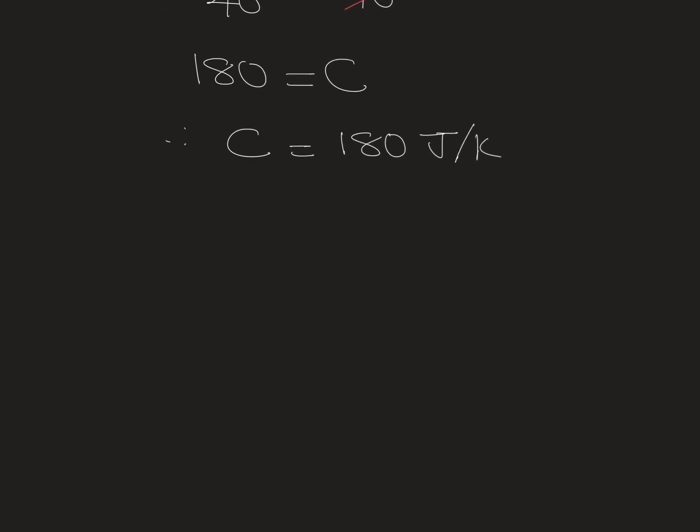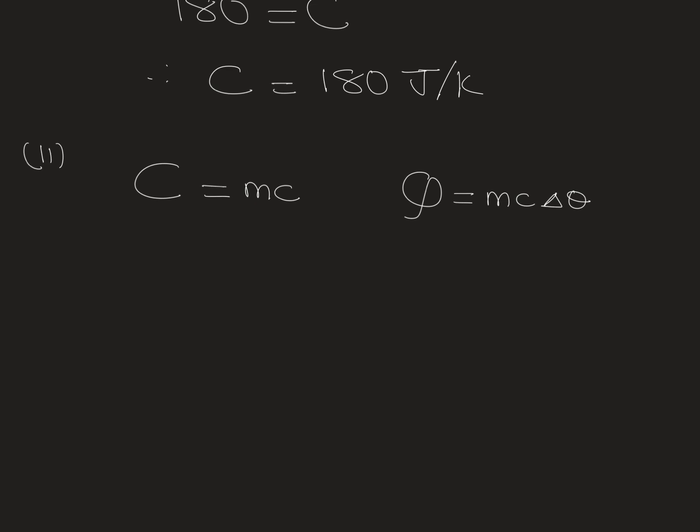So to find the specific heat capacity, we can use the formula C is equal to mc, or we can use Q is equal to mc delta theta. All right, any of them will work. So going by C is equal to mc, that is the heat capacity is equal to the mass times the specific heat capacity.